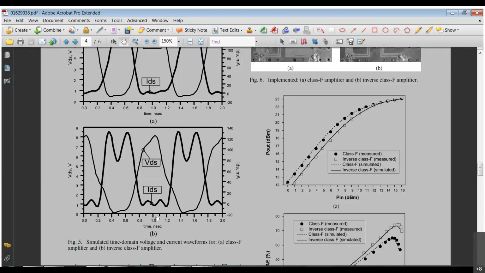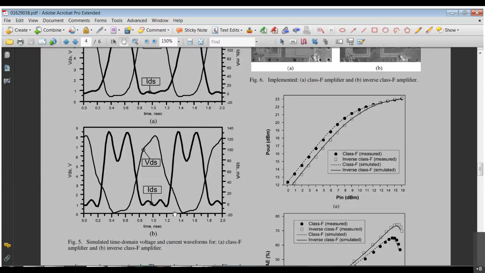So here you can see that the current waveform, it should be a square waveform for inverse class F. So whenever current is low, it has very small ripple and it can be taken as almost zero. And the voltage waveform is high, not half sinusoid, but similar to that.